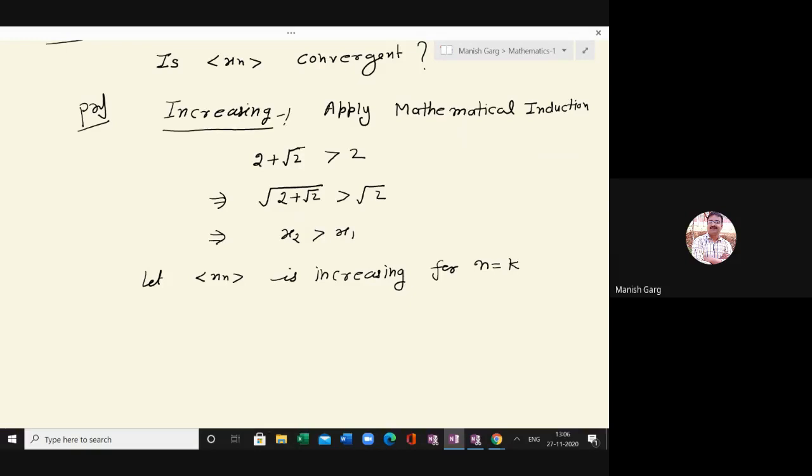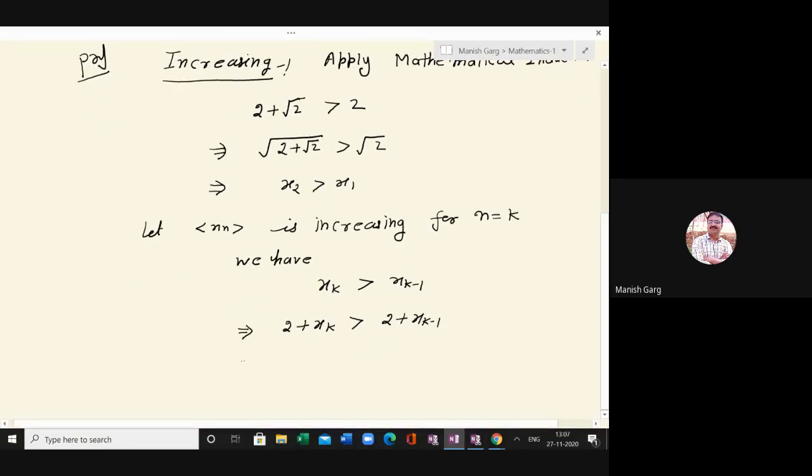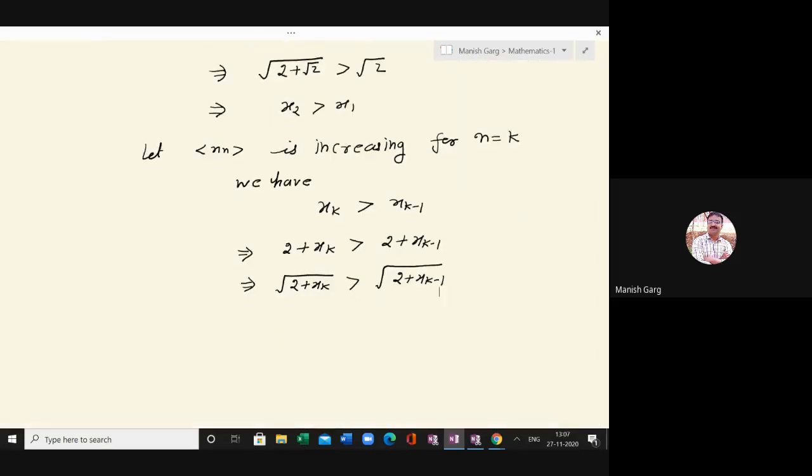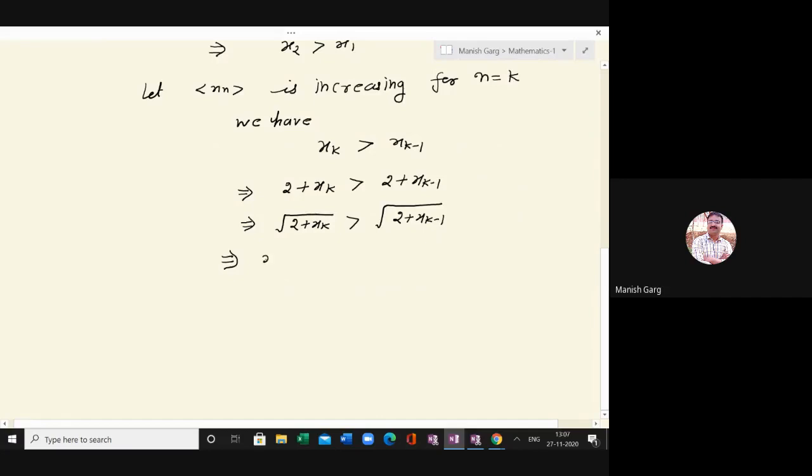If it is true for k, then xk is greater than x(k-1). Add 2 to both sides and take the square root: square root of 2 plus xk is greater than square root of 2 plus x(k-1). So x(k+1) is greater than xk. We assumed it is true for k and have proved it is also true for k plus 1, so xn is increasing.